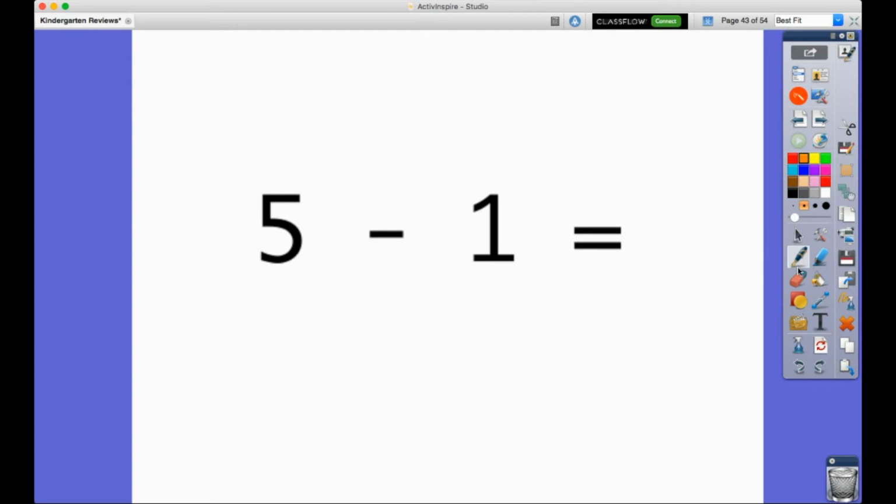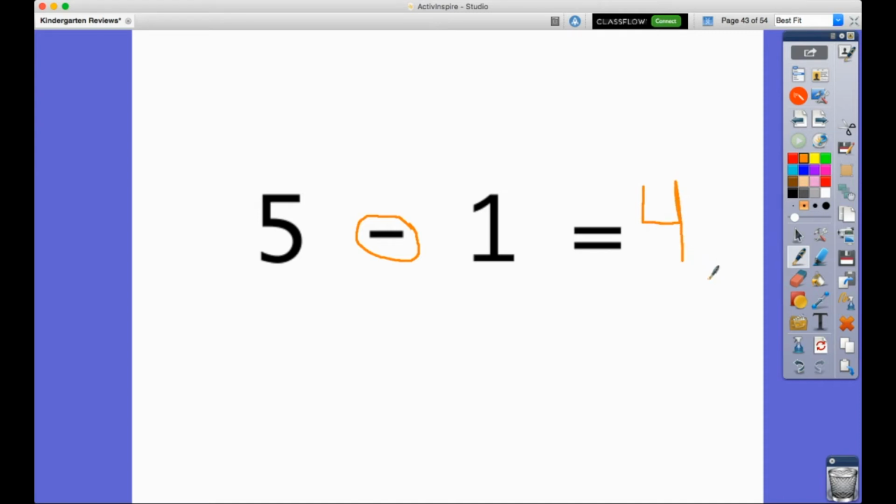Let's look at this one. What is this problem? Read it with me. 5 what? What's this sign? Minus 1. This is subtracting 1. So go ahead and think about that. How would you do 5 minus 1? So 5 minus 1 is 4.